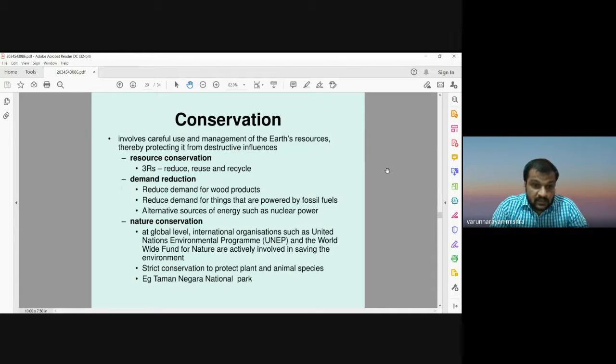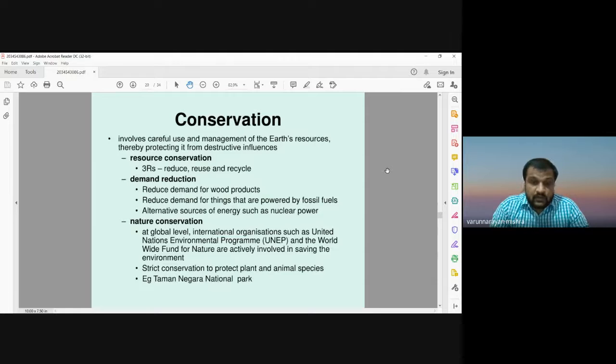Demand reduction: we should also reduce the demand for wood products, which may decrease the deforestation rate. We can reduce the demand for things that are powered by fossil fuels, and we should also work on alternative sources of energy, such as nuclear power.